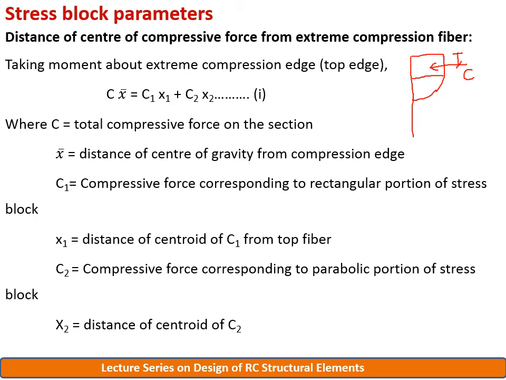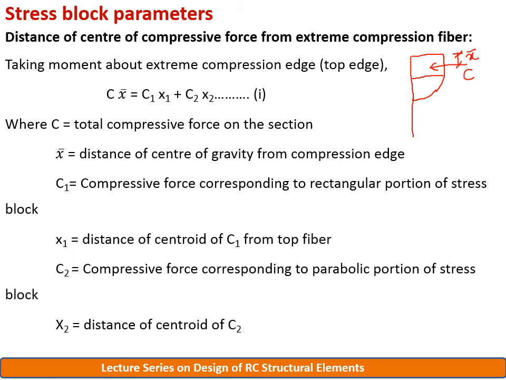So how shall we find it? In your basic civil engineering in the first year, you have already studied how to find the centroid of a composite section. To find the position where the force acts, we take the moment about the extreme compression edge. C into x bar, where this distance we call x bar, is equal to C1 into x1 plus C2 into x2.